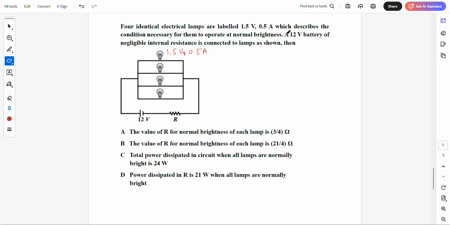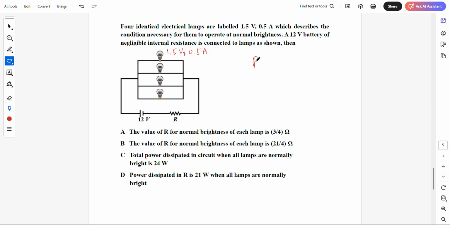Which describes the condition necessary for them to operate at normal brightness? A 12-volt battery of negligible internal resistance is connected to the lamps as shown. Then they are given 4 options, and we have to tick which options are right.